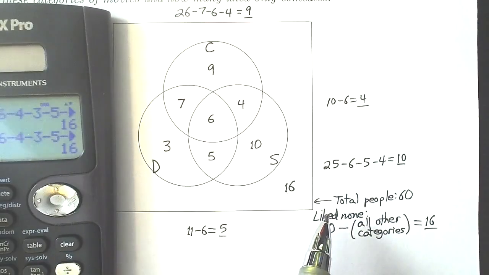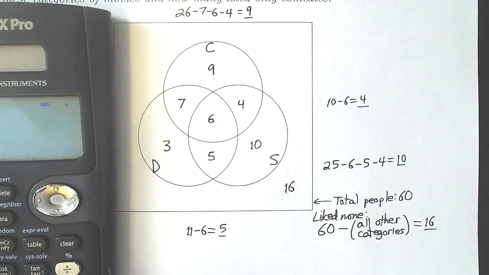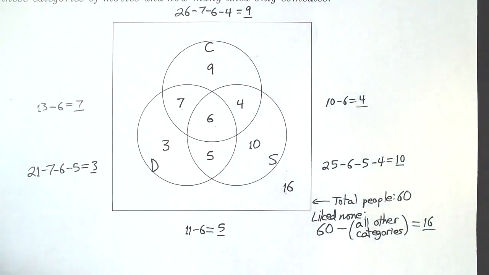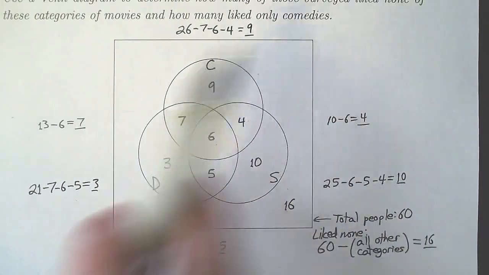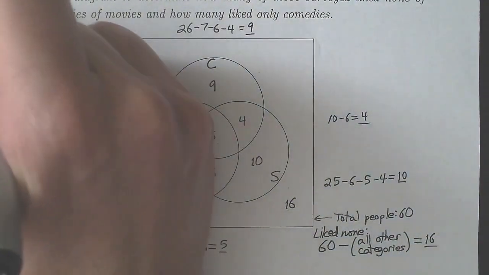Another thing you could do to double check is take every number we've written here and figure out, does it add up to 60? And it does. So, looks good. Now, let's not forget, we have a very good detailed picture here. Let's not forget that there is a question here, right?